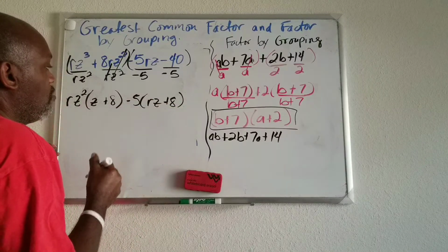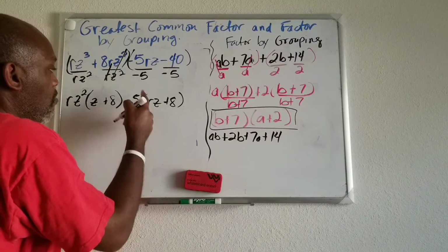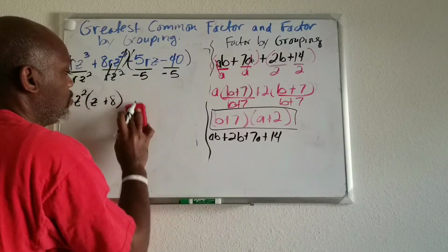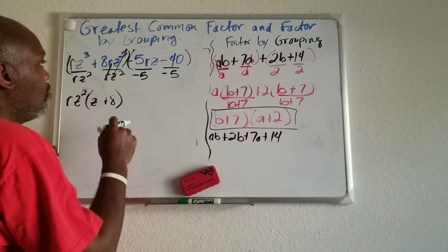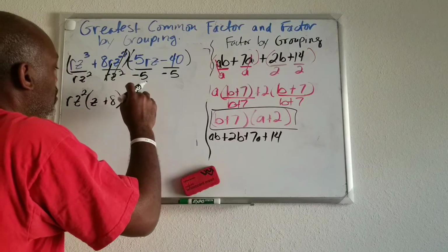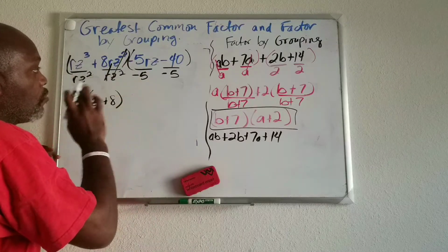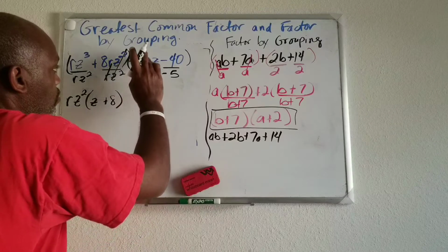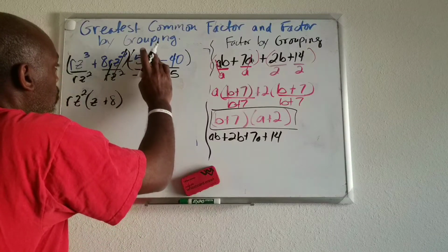Okay, so that can't be right. So that means that I have to go back and look at my problem. I wrote the problem wrong, so I'm going to correct the problem that I wrote.